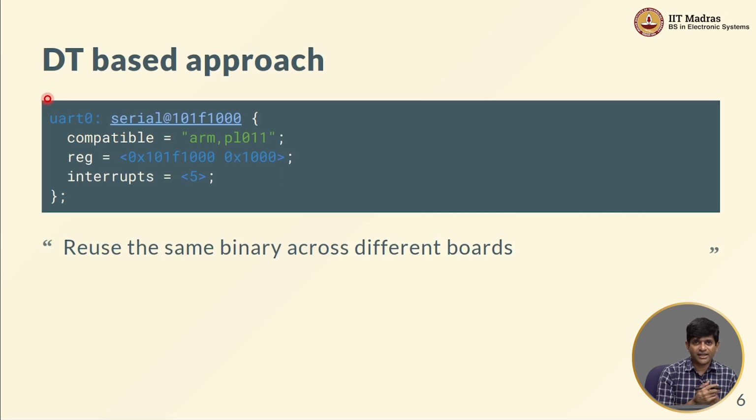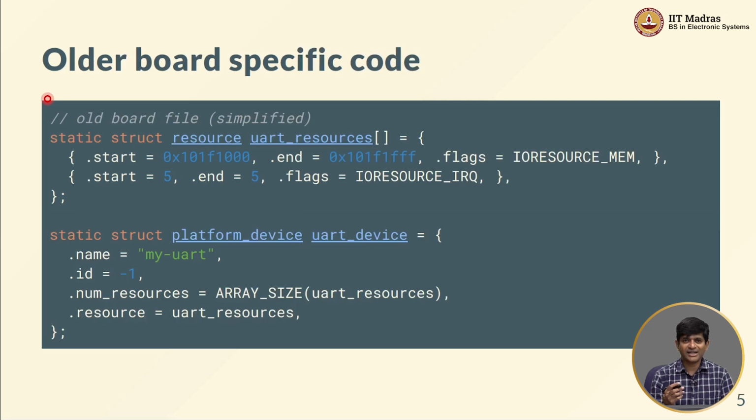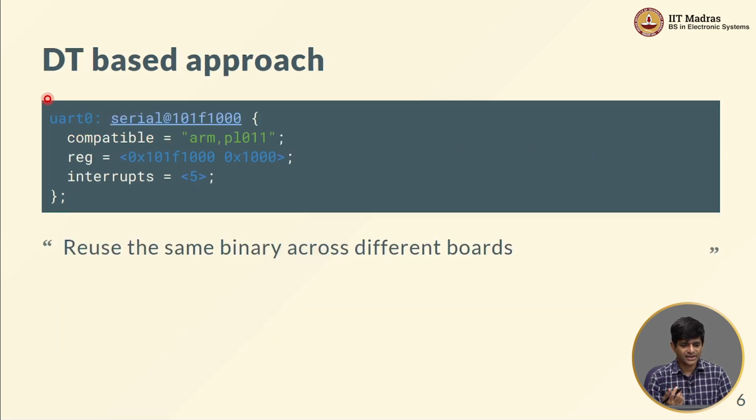Now the device tree approach takes whatever we had out here and tries to simplify that and say, I am just providing text, this is not C code that you are seeing over here. I have a name, I am telling you what kind of device it is, I am also telling you the address at which it is present.